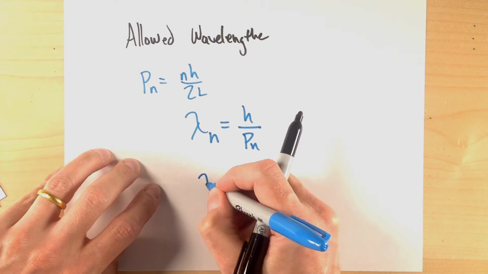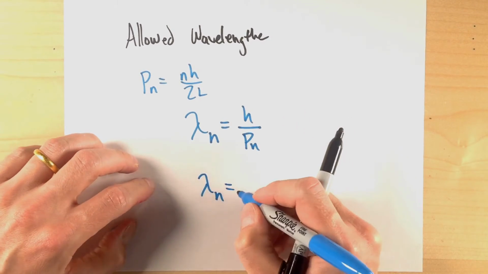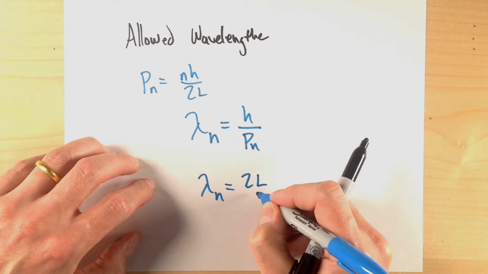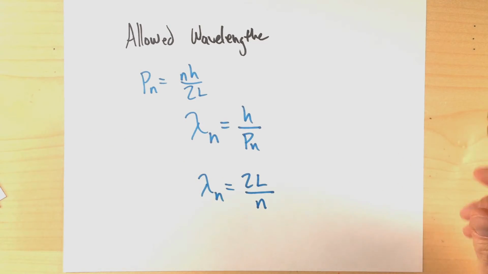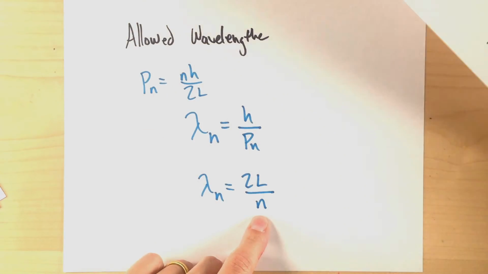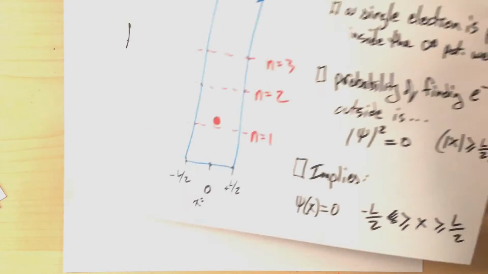And we can keep on going and find that the wavelengths are 2 times the dimension L of the potential well divided by an integer n.